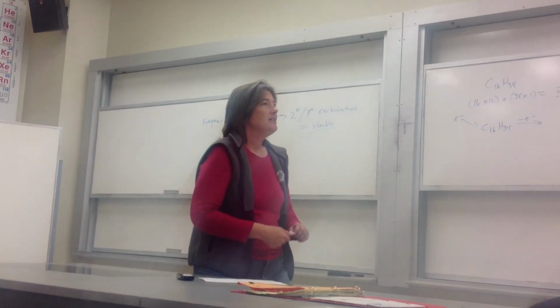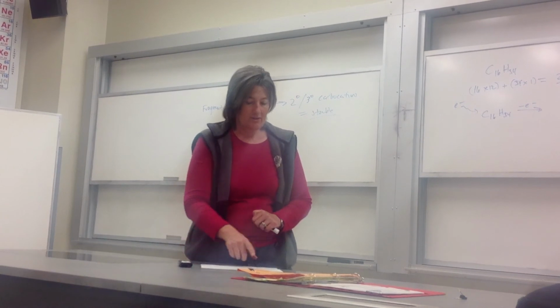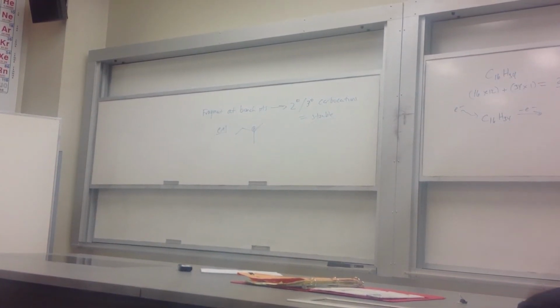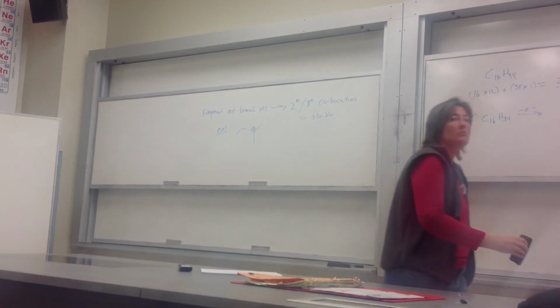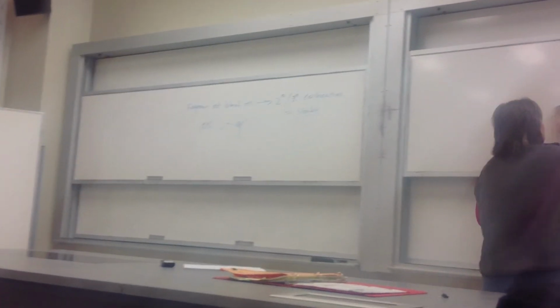So, looking at the particular molecule we have there, 2,3-dimethylpentane. Let's take a look at it and see what kinds of things can happen to it. And then try to identify some pieces.